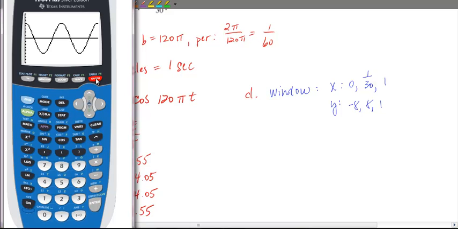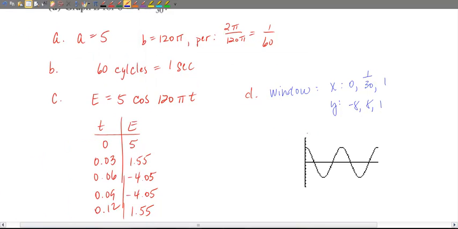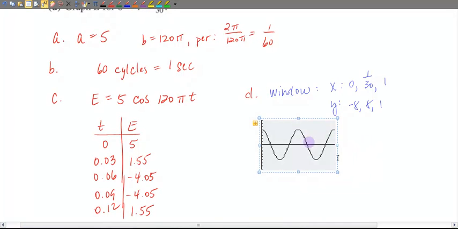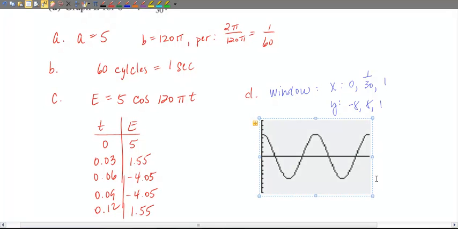Okay, so that's what that graph is telling me, that the voltage in an electrical circuit is modeled by this amount right here. So let's take this over here, and we just want to make sure that we understand a couple of things about this graph and how our calculators can help us determine some stuff.